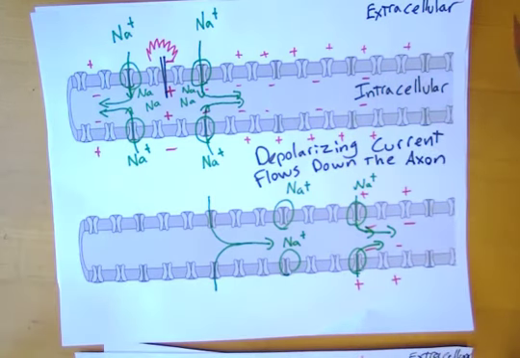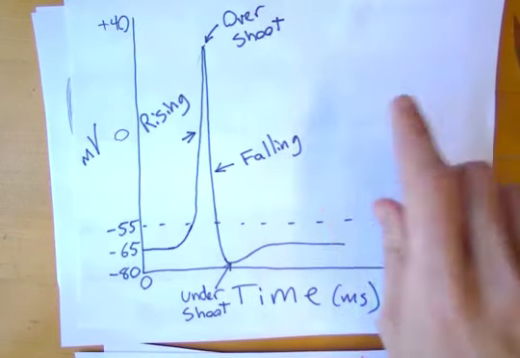Now we know that this depolarization is transient, right? We know that if you take a look at your action potential, it doesn't last very long.